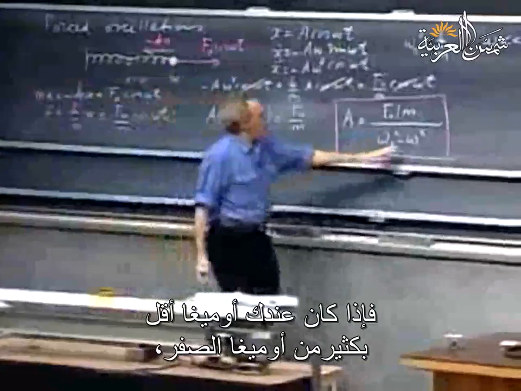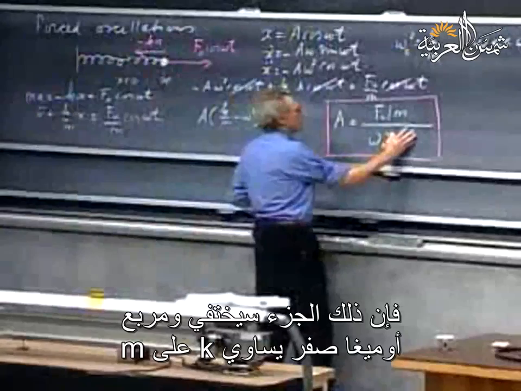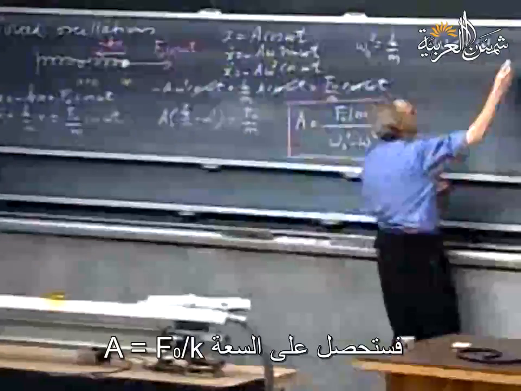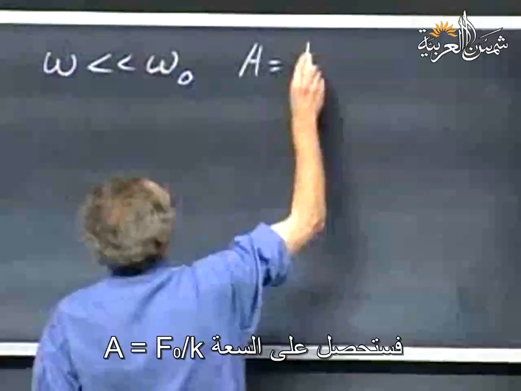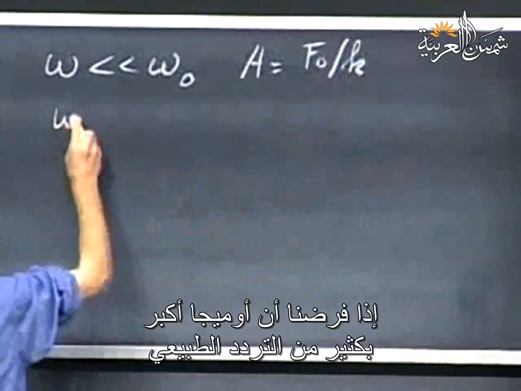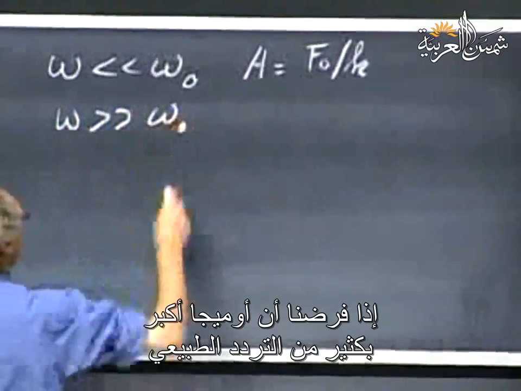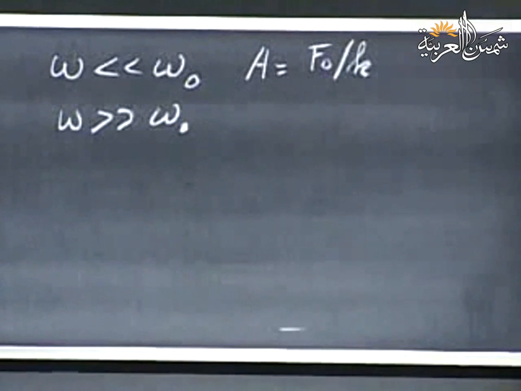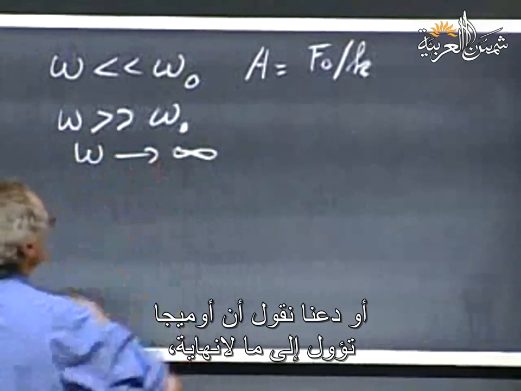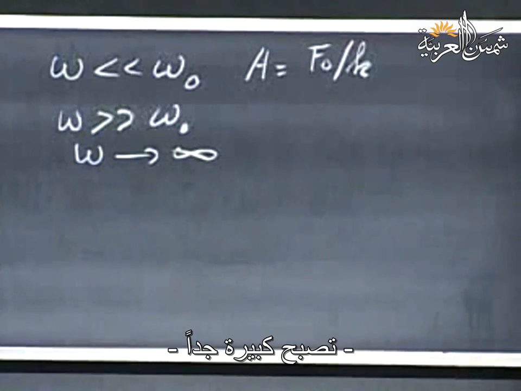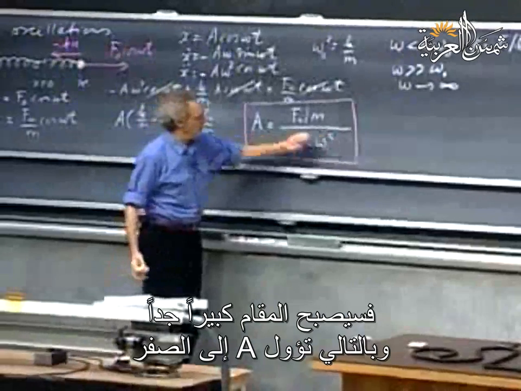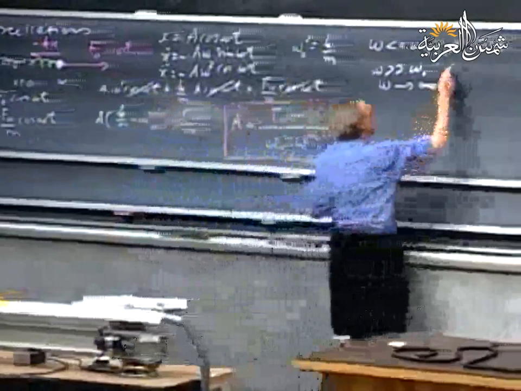If you have omega much, much less than omega 0, omega 0 squared is k over m, so you get an amplitude A which is F0 divided by k. If you go omega way above the natural frequency, or let's say omega goes to infinity, becomes very, very large, then downstairs becomes very, very large, so A goes to 0.